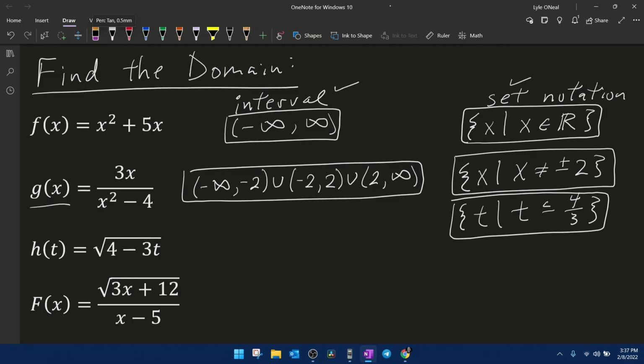If we want to express that in interval notation, since t must be less than or equal to 4/3, t can be anything from minus infinity up to 4/3. We're going to use a bracket this time because it says less than or equal to, meaning that the 4/3 can be included. So this is our domain for h of t in interval notation.